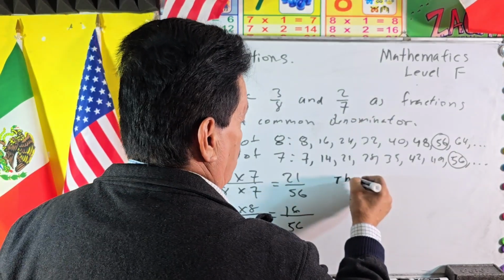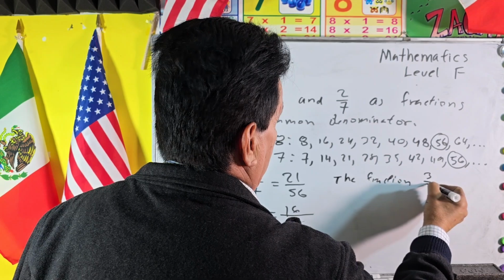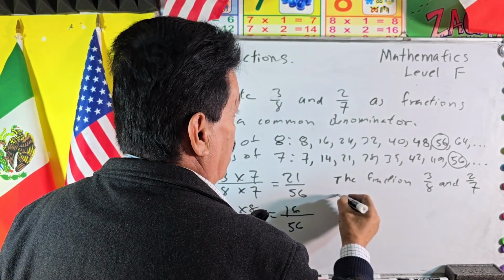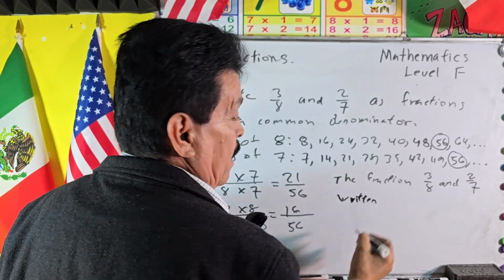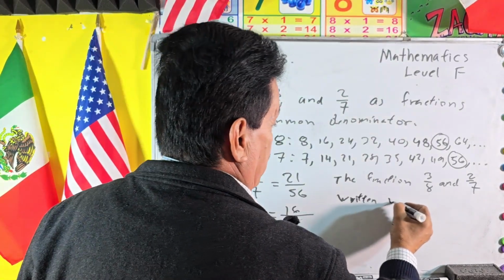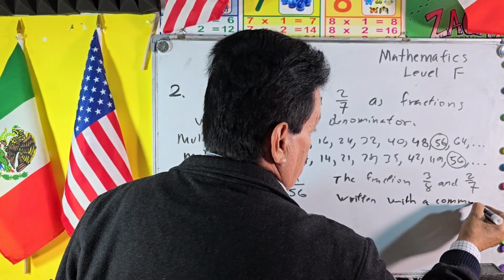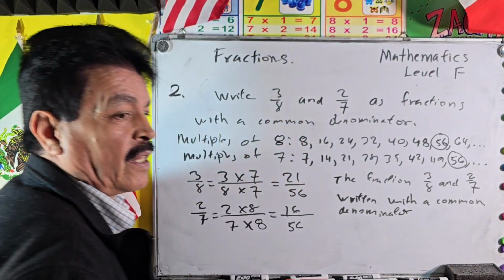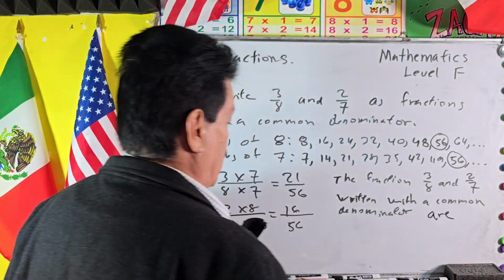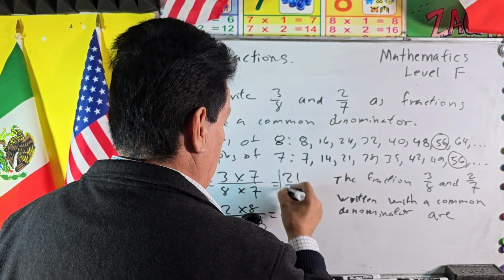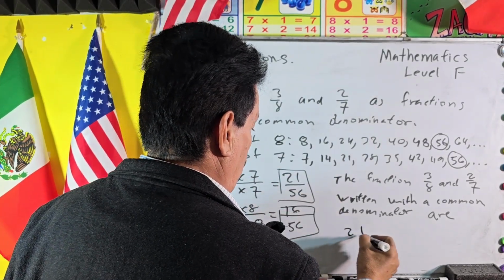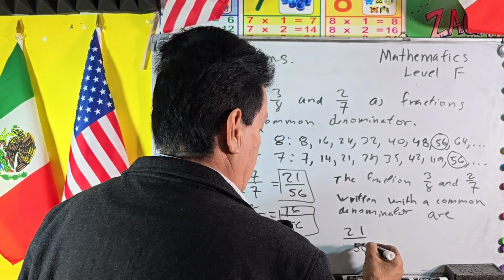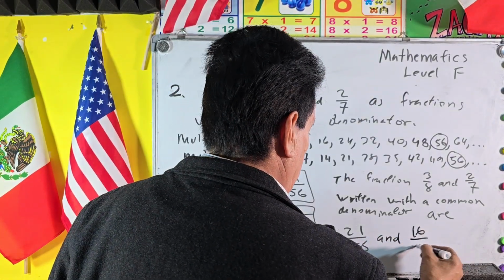So then the fractions 3/8 and 2/7 with a common denominator become 21/56 and 16/56, right?